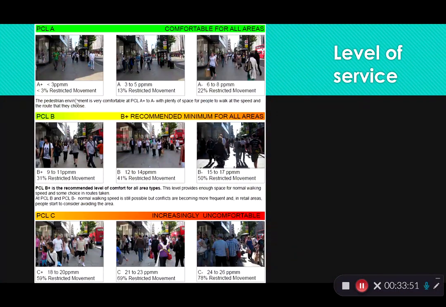For pedestrians, we want to think about, again, the same level of service can be applied there.